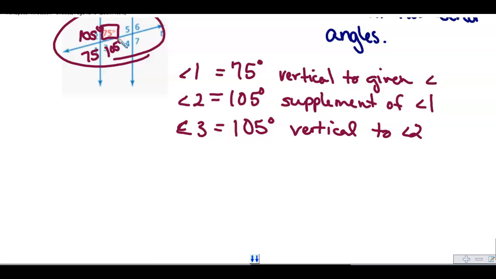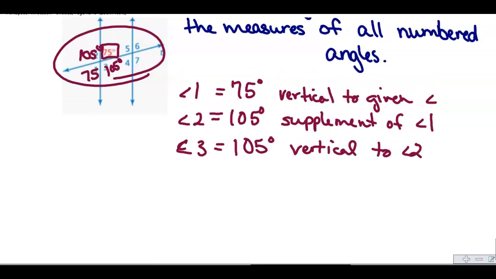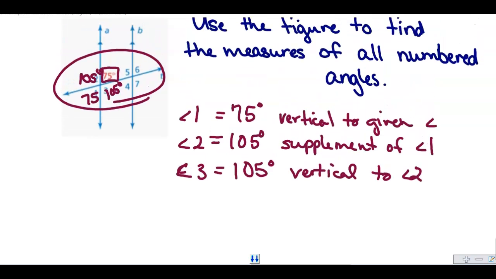And now we have to get started on our new vocabulary in order to conduct reasoning here. So if we take a look at angle 4, compared to the angles we already know, let's use our given angle. Okay? So angle 4 compared to our given angle of 75. These are what we call alternate interior angles. Okay? One is on one side of the transversal here and one is on the other.